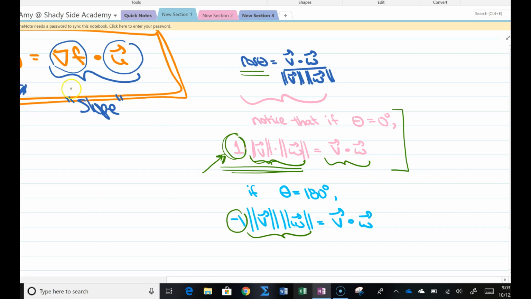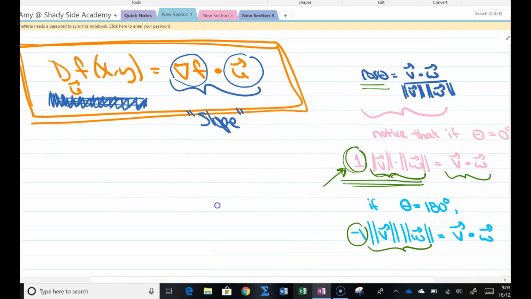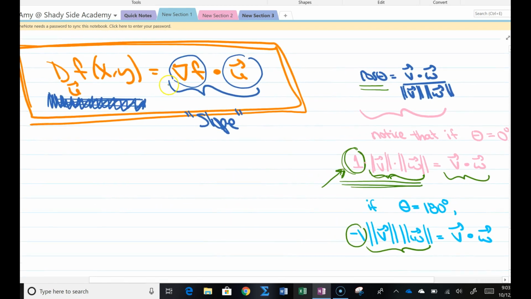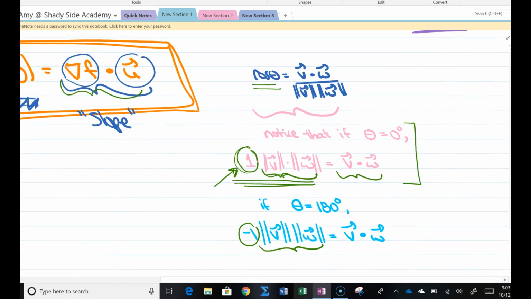So what does that mean about the directional derivative? The greatest possible directional derivative occurs if u and del f are pointing in the same direction. If these two vectors are pointing in the same direction, that means that theta equals 0 degrees.